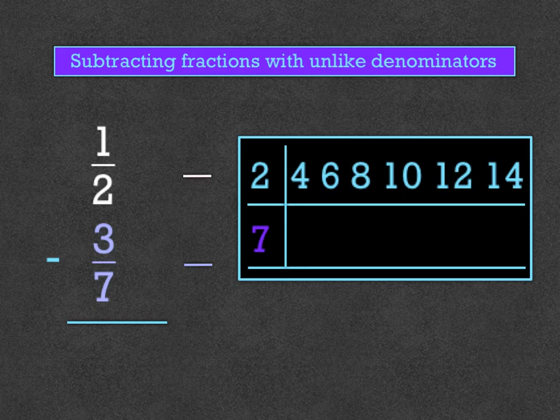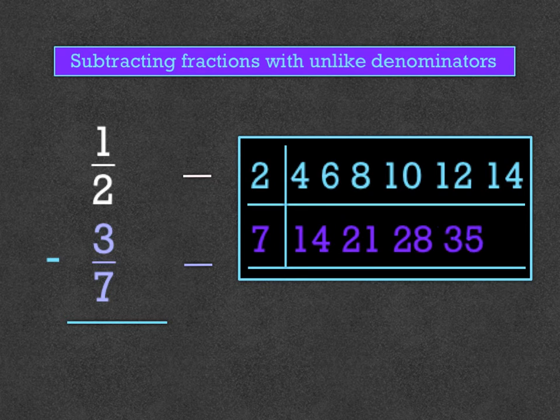Now I'm going to identify the first few multiples of 7, which are 7, 14, 21, 28, and 35. If I don't come up with a common multiple at this point, then I would need to keep going. However, I can see that I have a common multiple of 14, which is going to be my new denominator, 14.